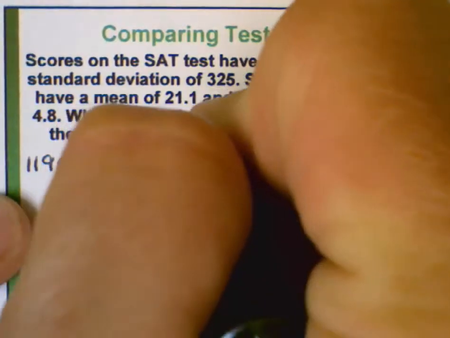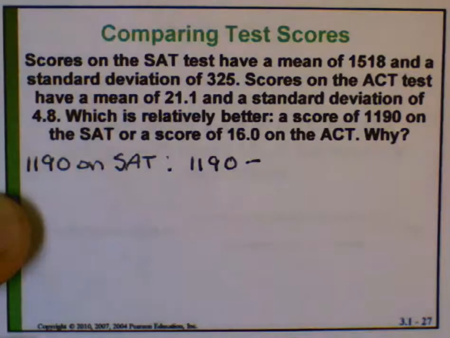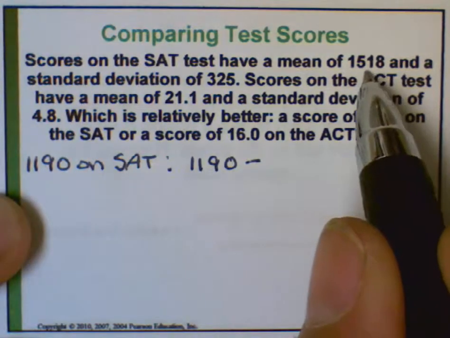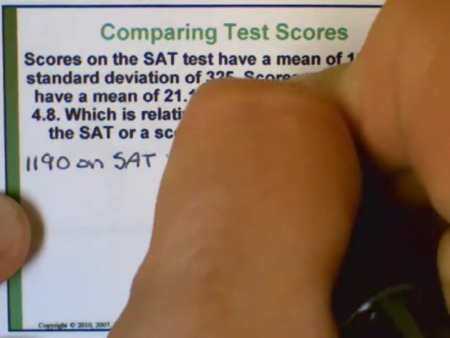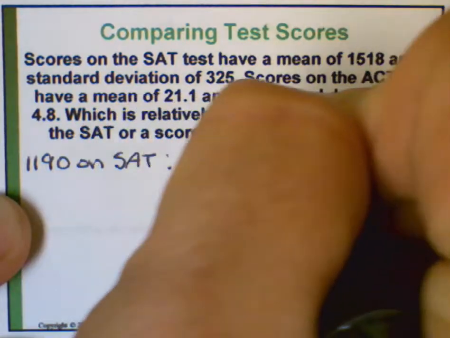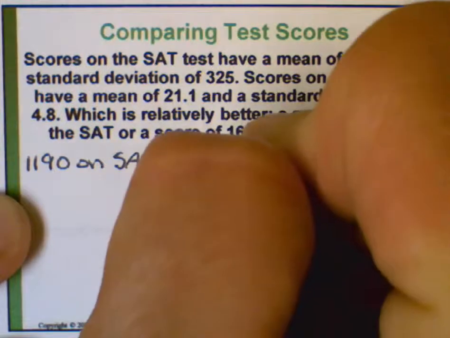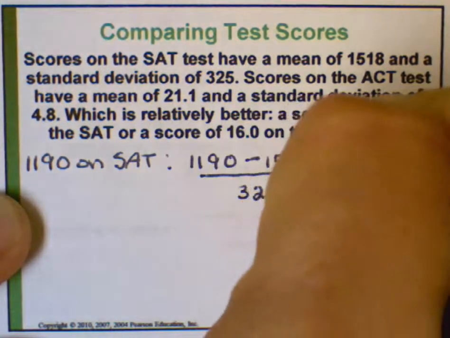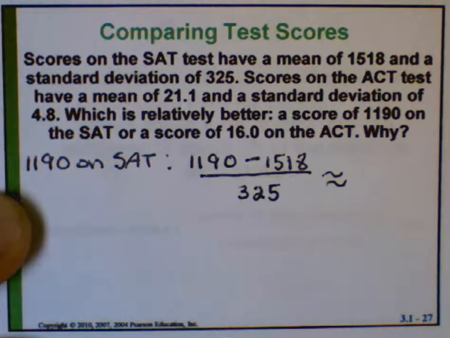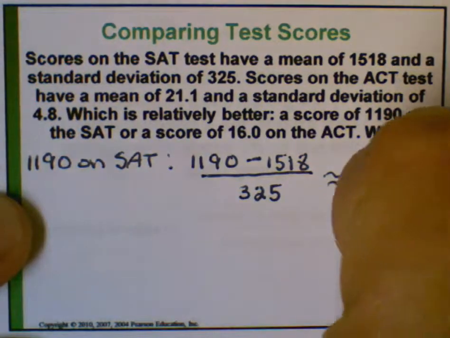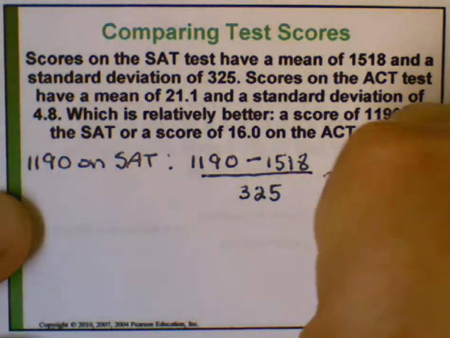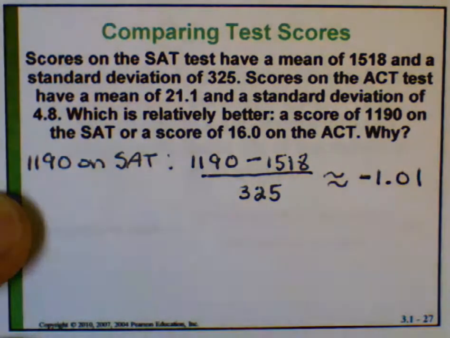You would take that score, subtract from that the mean SAT score, 1,518, and divide that by the standard deviation for SAT scores, 325. That corresponds to a z-score of approximately negative 1.01.